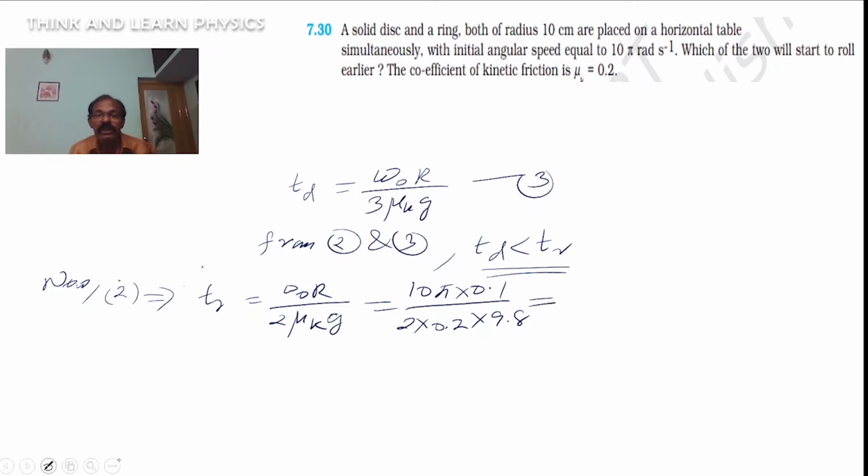When calculated we will get 0.80 seconds.